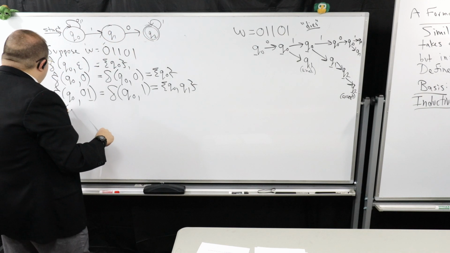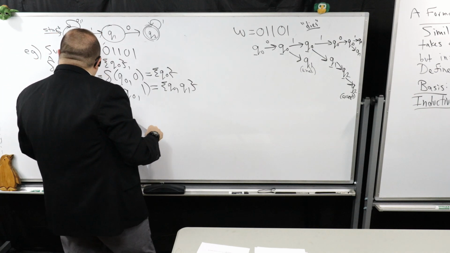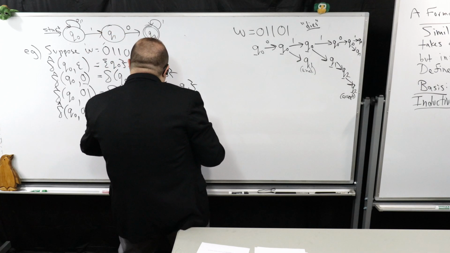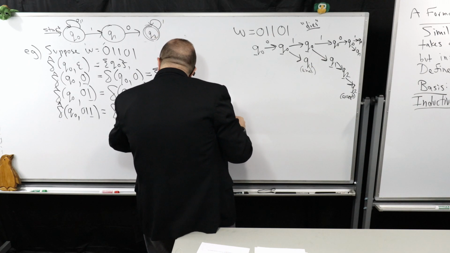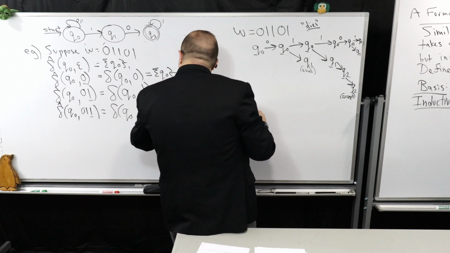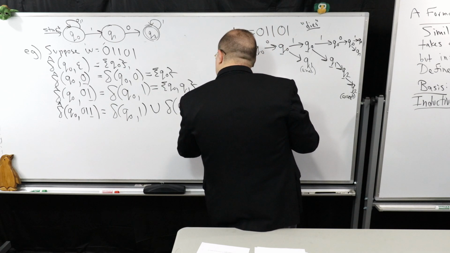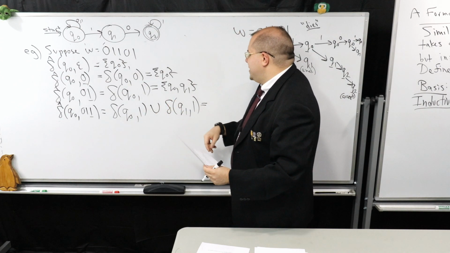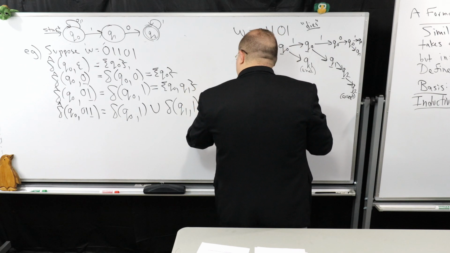So delta hat of Q0, 0, 1, 1 is going to be delta of Q0, 1, union delta of Q1, 1. But we already know what this is, right? That's just this. But what's this? Somebody tell me while I'm writing down Q0, Q1.